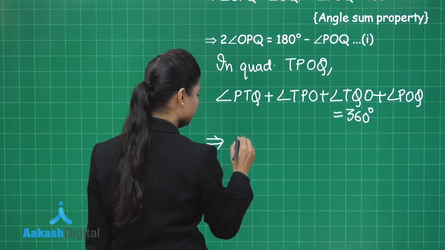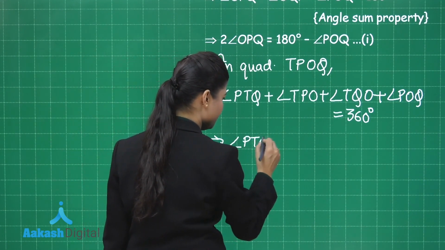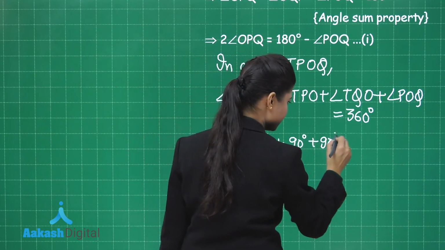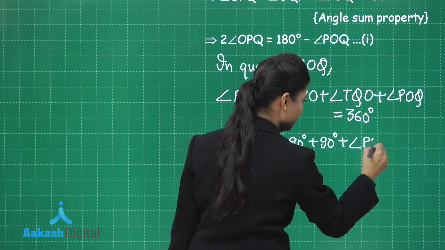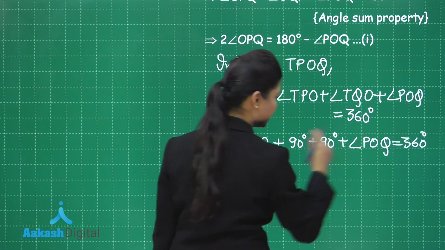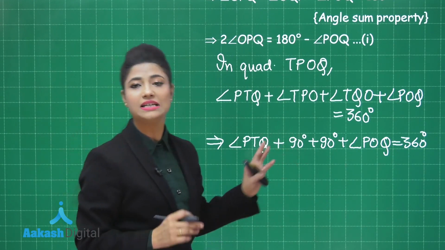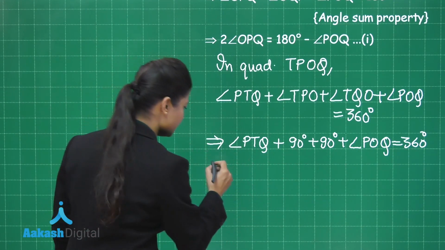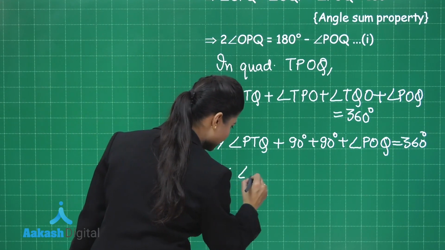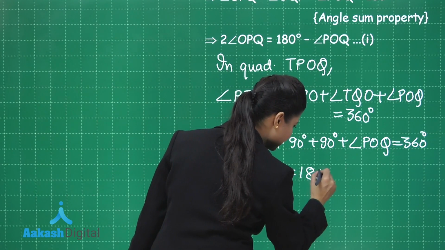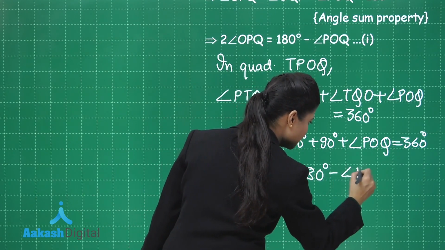Let's substitute that here. I get angle PTQ plus 90 degrees plus 90 degrees plus angle POQ equal to 360 degrees. So this will get further simplified as 90 plus 90 gives me 180, which gets transposed to the other side and gives you a simplified value for angle PTQ equal to 180 degrees minus angle POQ.